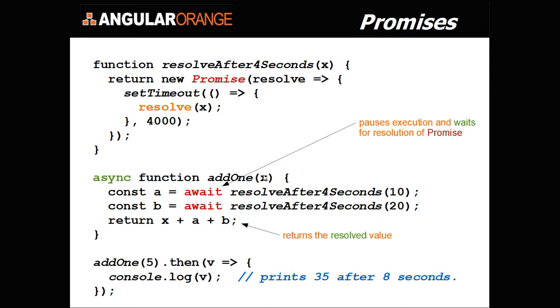But if I call this and I pass in a value of 5, I'm adding 5 plus 10 plus 20. So this return value returns the resolved value of the async function. These resolves are resolving to values here. So if I call add1 with a value of 5, and I have a callback saying then, and then I have this anonymous function with this fat arrow operator and say v, console.log v, it should print 35 after 8 seconds. Okay.